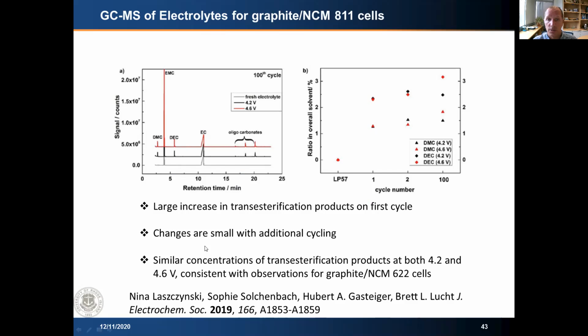So the changes are small with additional cycling. We have a lot of it initially. As we continue cycling, the concentration of these species does not significantly go up. And once again, there's not really a large difference between the generation of the transesterification products at 4.2 volts and 4.6 volts, which is consistent with what we observe for the graphite NCM622 cells.